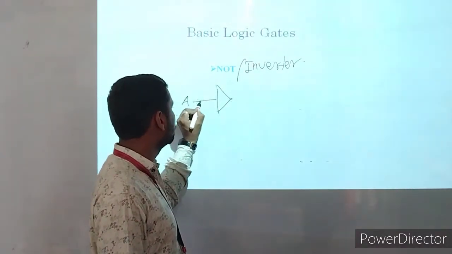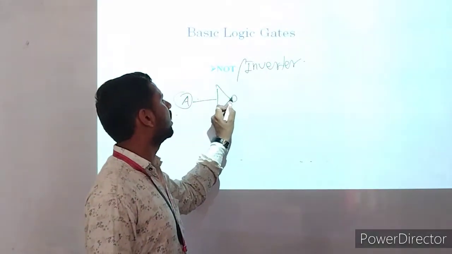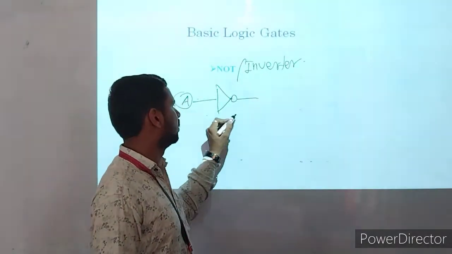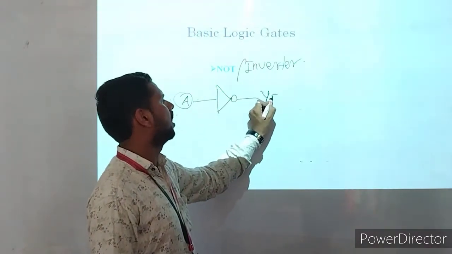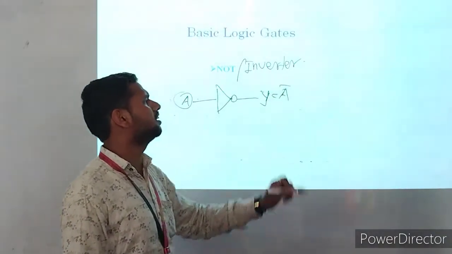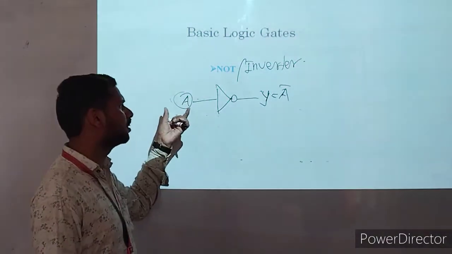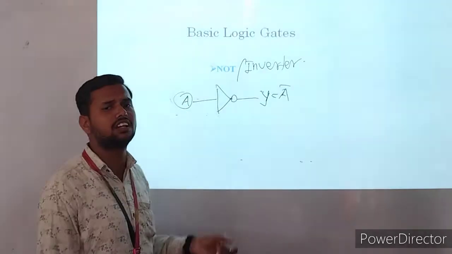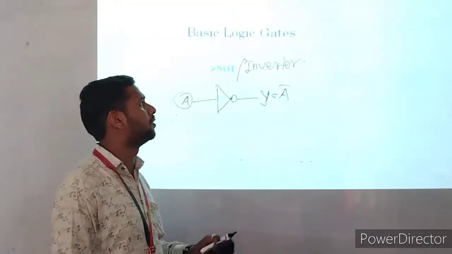One variable A is connected at the input, and there is one output. That is the symbol of the NOT gate. The output expression is Y equal to A complement. A is the input variable connected at the input of the NOT gate, and the output will be A complement.